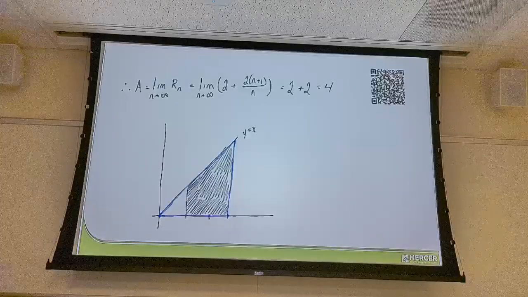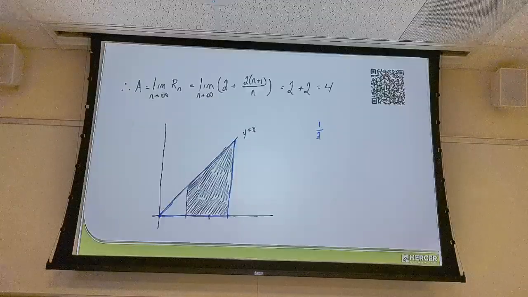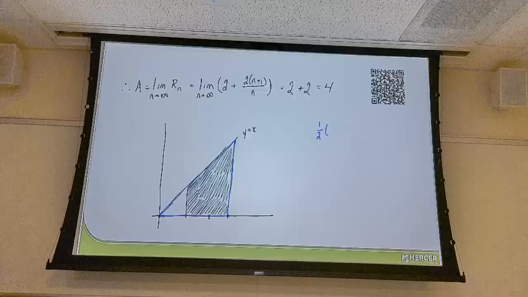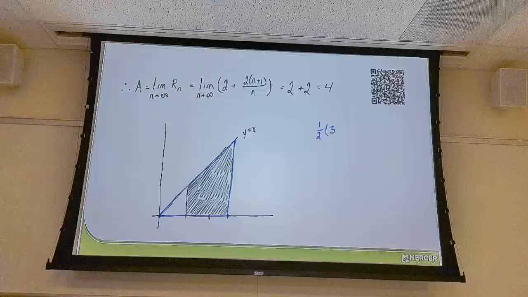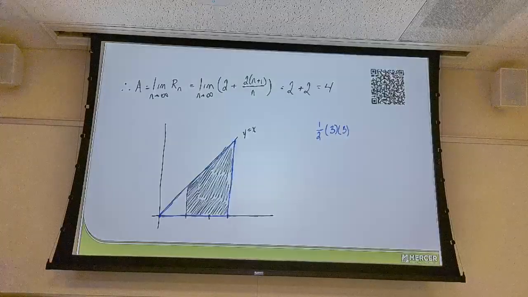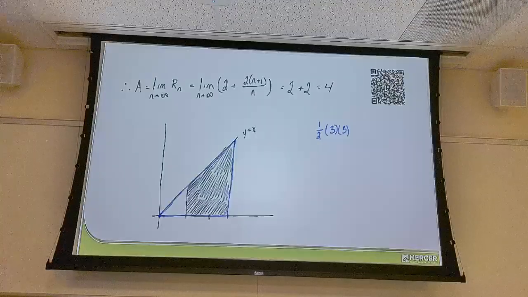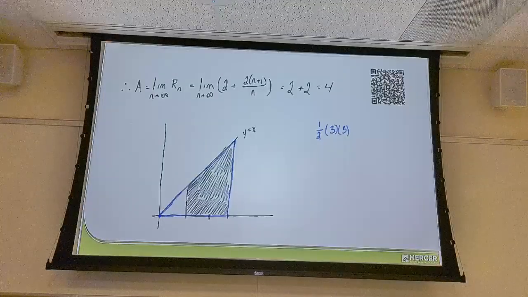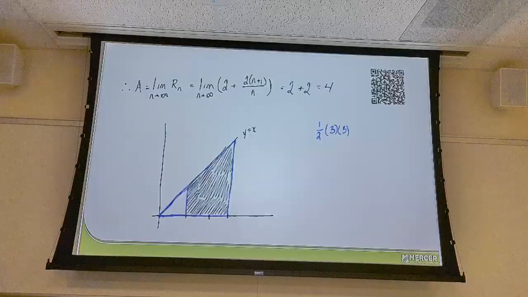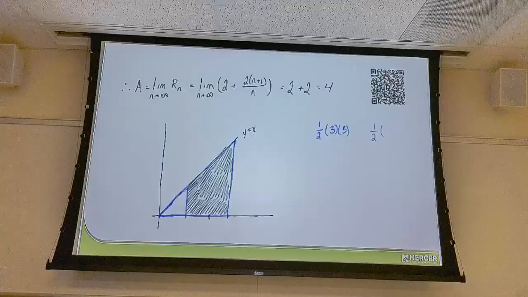That's a right triangle. What's the base? 4. What's the height? 3. There's a triangle. What's the base? 1.